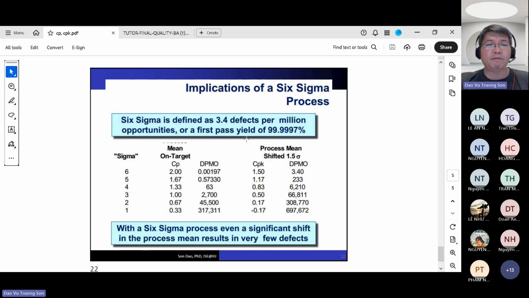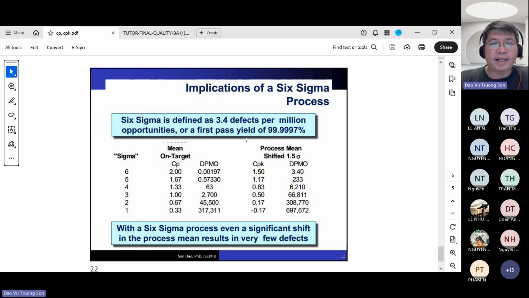And if we have a CP of 0.67, this means when the process is shifted by 1.5 sigma, which usually happens in practice, then we have 300,000 rejections out of 1 million, and that is extremely bad. Okay. So now you can fully understand the importance of CP and CPK for a process.